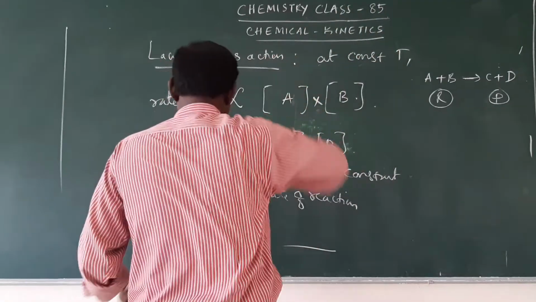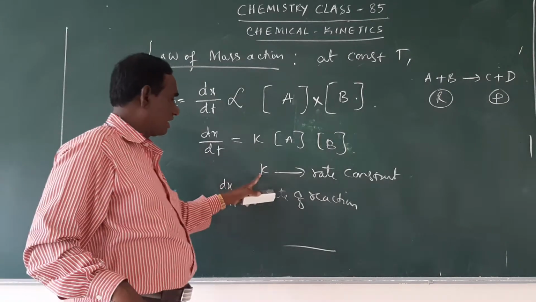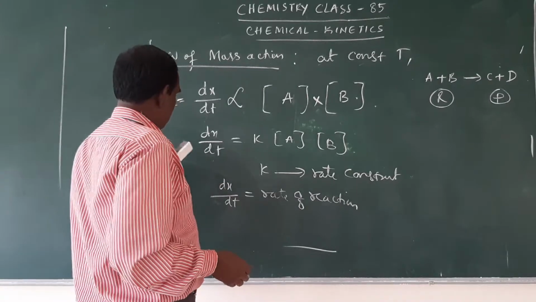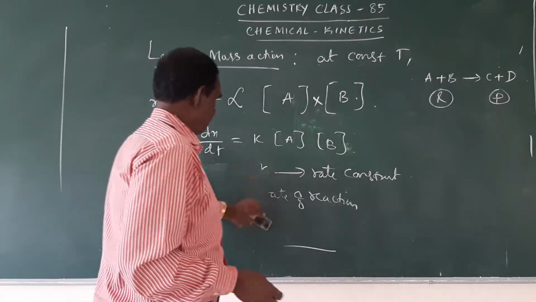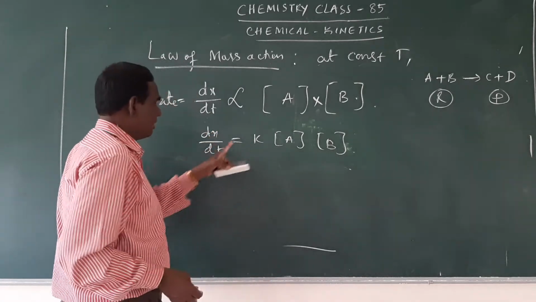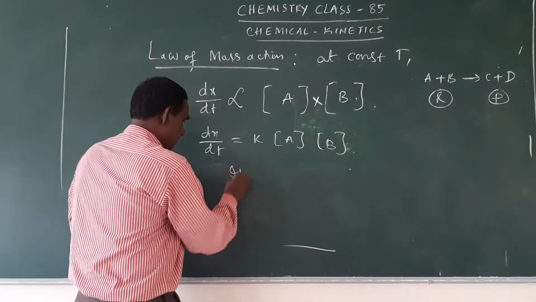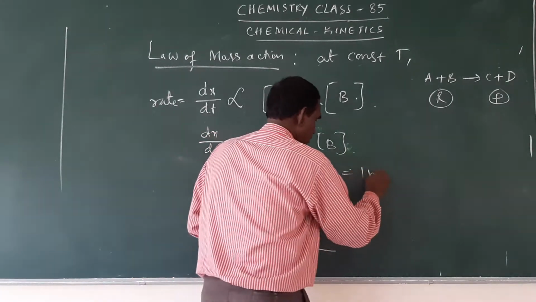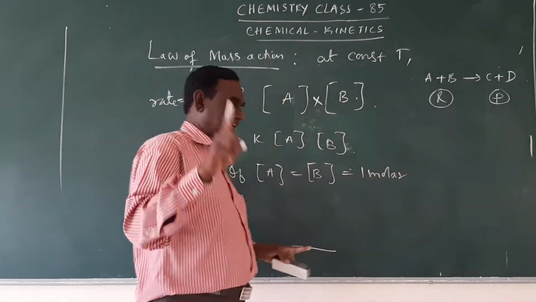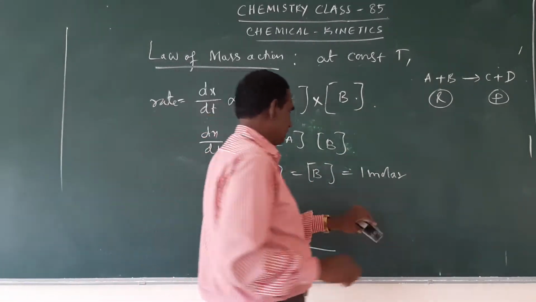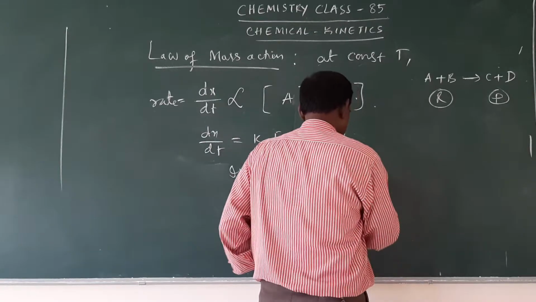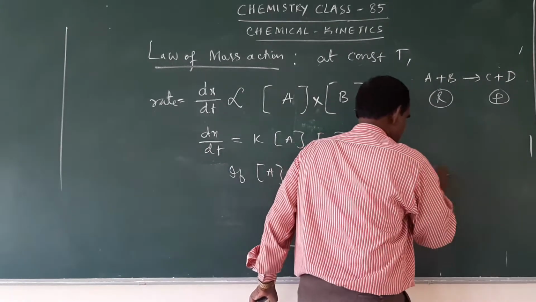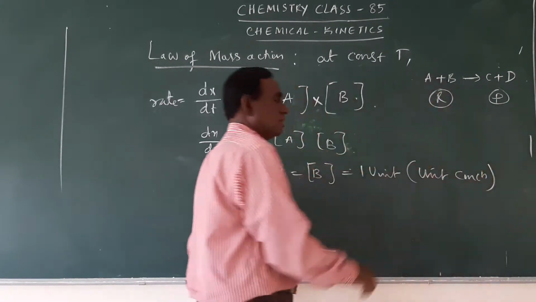Now there is a new word, the rate constant. K is called the rate constant. What is the rate constant? Let me take the same equation: dx by dt is equal to K into [A] into [B]. If the concentration of A is equal to the concentration of B is equal to 1 molar, or 1 unit, that is unit concentration, then what happens?